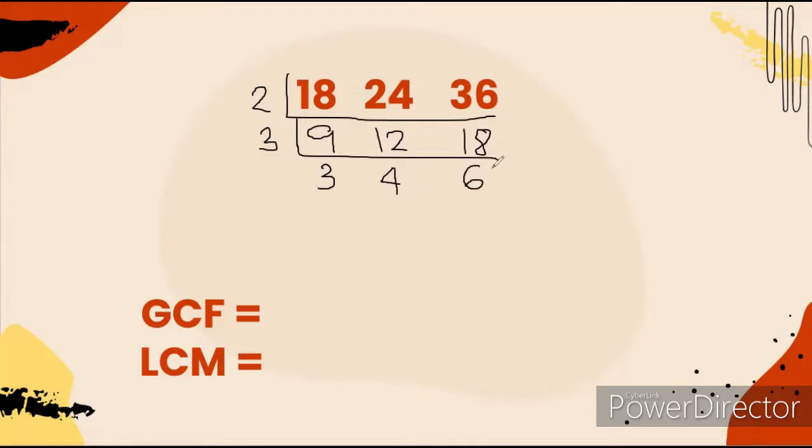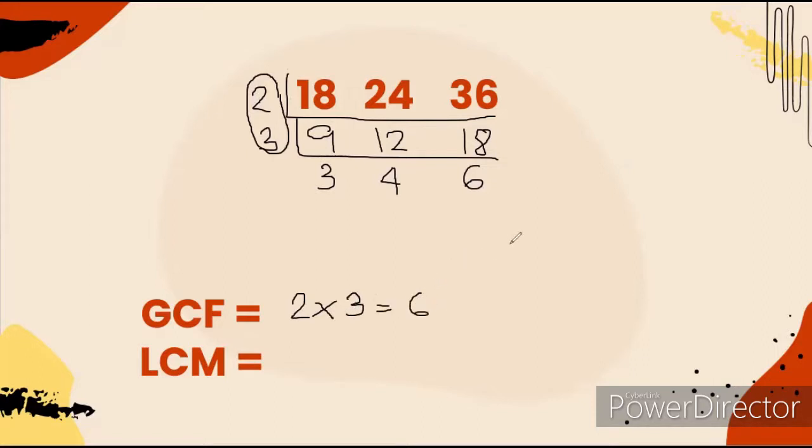Now, can we think of another prime number that is divisible by 3, 4, and 6, except 1? They have no common factors anymore. So our GCF is 2 times 3, which is equal to 6.